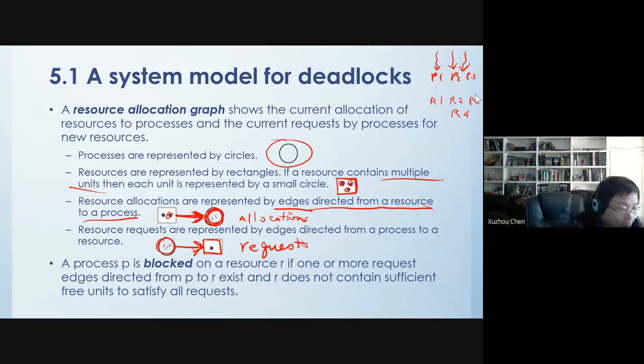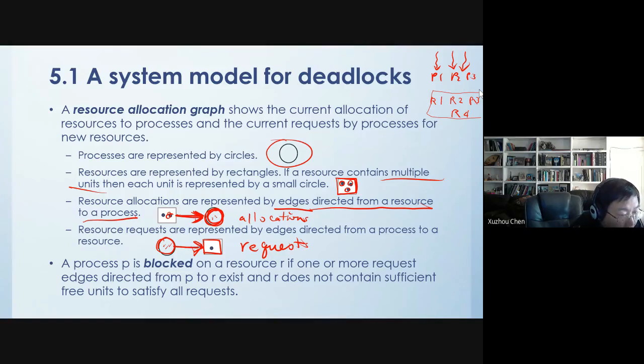During execution, a process may request to use resources at different times. So now the resources are shared, just like memory. They're not dedicated to a particular process; they may be shared by many different processes.